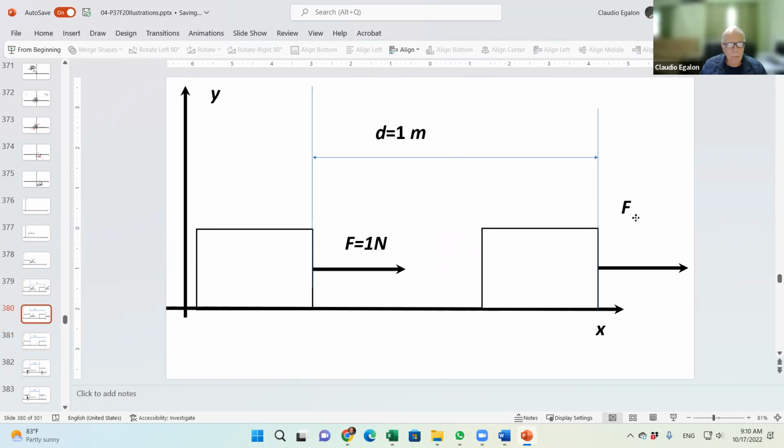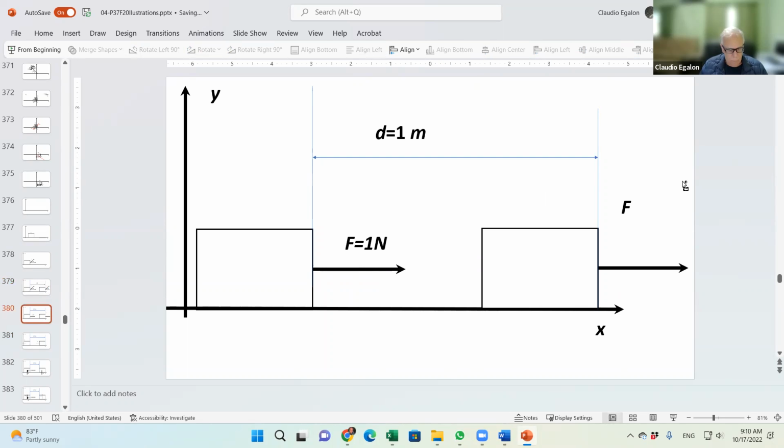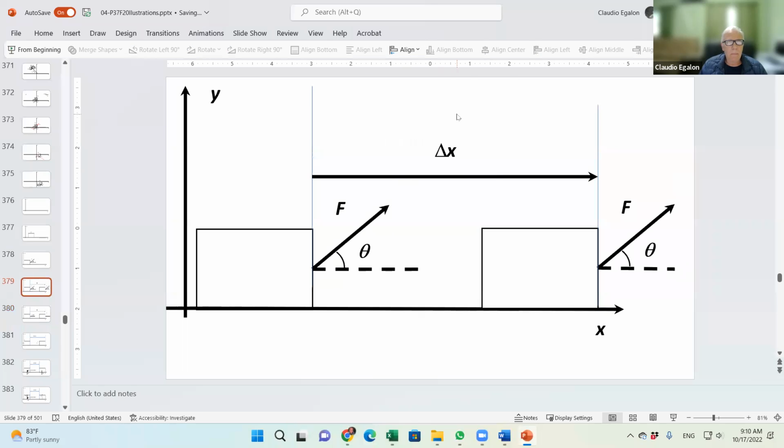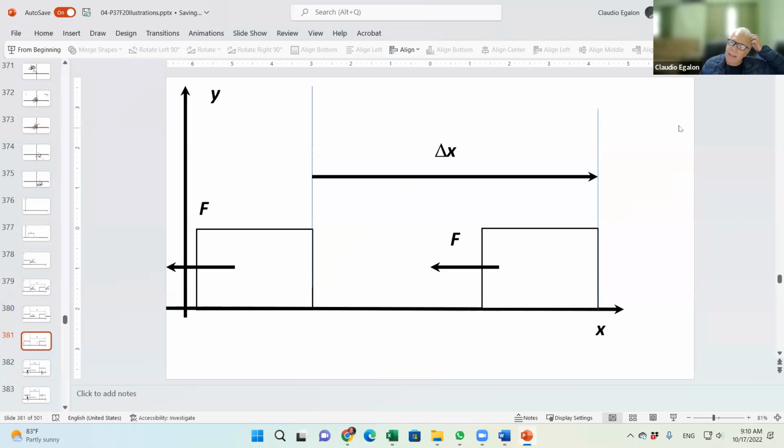And delta X here too, right? It's important that we define that as a vector.